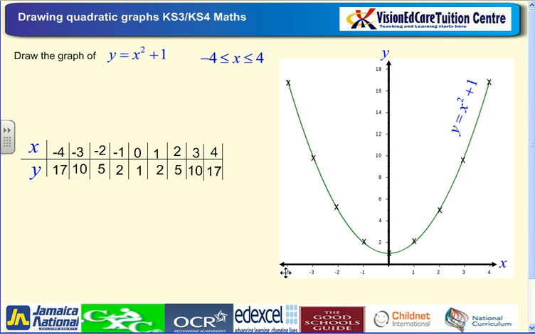So on our graph we have minus 4, positive 17, minus 3 and positive 10, minus 2 and positive 5, minus 1 and positive 2, 0 and positive 1, positive 1 and positive 2, positive 2 and positive 5, positive 3 and positive 10, positive 4 and positive 17, and we draw our curve.